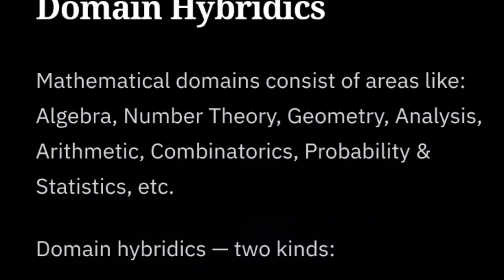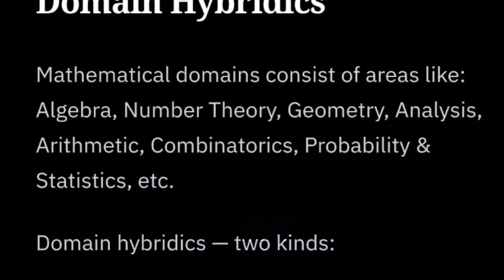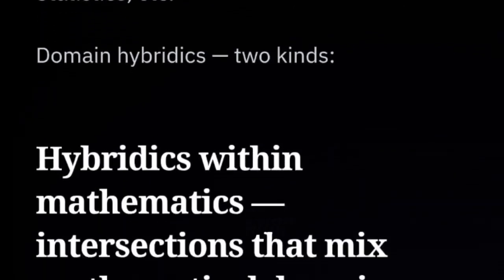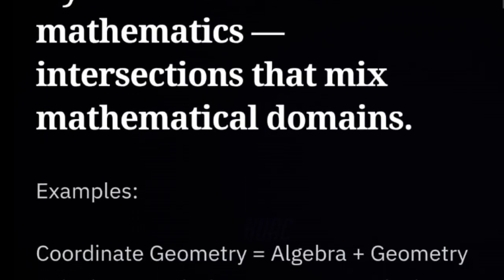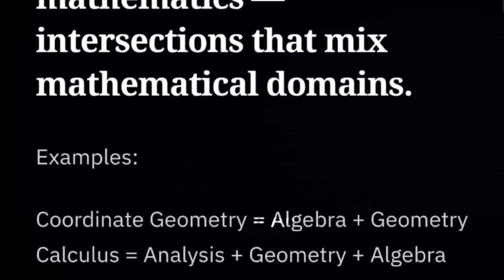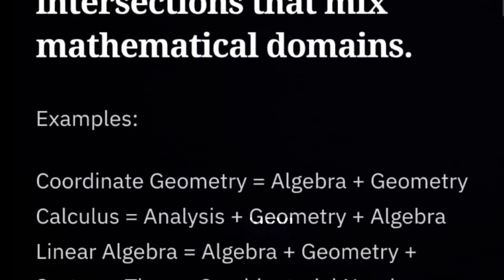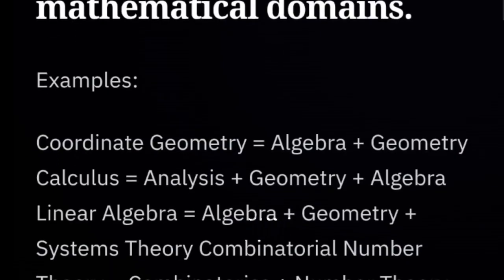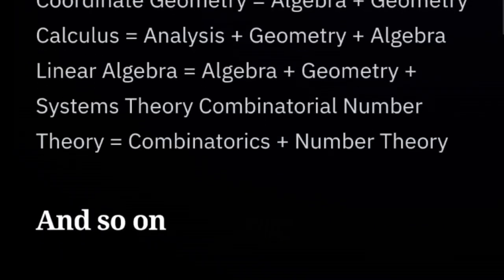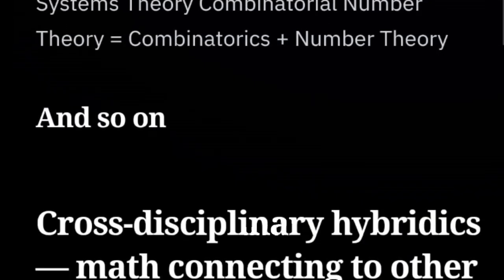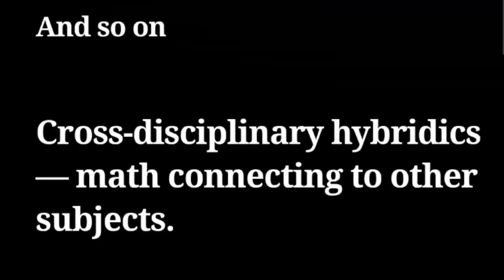Domain hybridics, two kinds. Hybridics within mathematics, intersections that mix mathematical domains. Examples: coordinate geometry, algebra plus geometry; calculus, analysis plus geometry plus algebra; linear algebra, algebra plus geometry plus systems theory, etc. Cross-disciplinary hybridics, math connecting to other subjects.